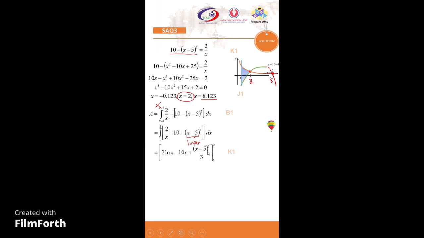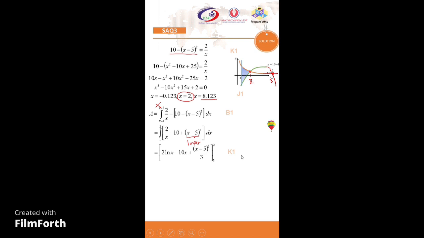So for the linear, the power must plus 1 and divide by the new power, and then you need to multiply the denominator by the coefficient of x. So since your x is multiplied by 1, the denominator will be 3 times 1, so it's equal to 3.